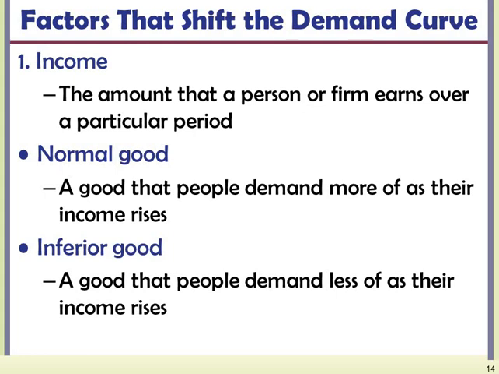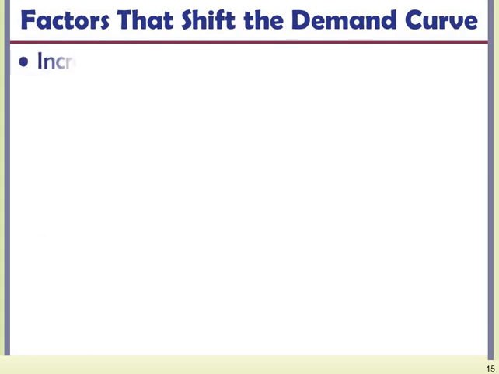Or let's say, nawawalan ka na ng demand doon sa previous goods na meron ka. Why? Because lumaki na yung income mo, meron ka ng capacity to upgrade a new product or a new services. So, yun po yung tinatawag natin na inferior and normal good.